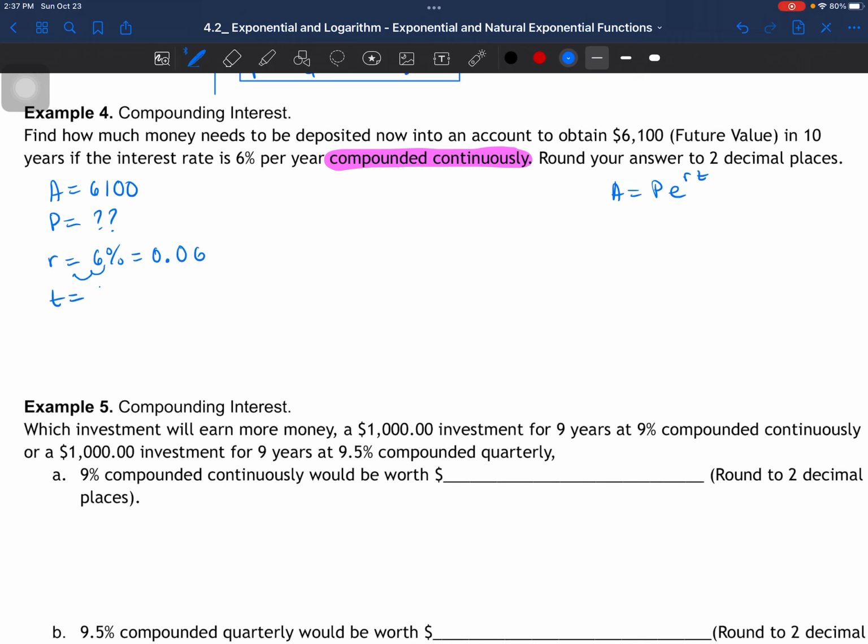Where the rate is 6%, but remember when we use this formula, we need to write this in terms of decimal. So it'll be 0.06. And then your T is the number of years. So T is number of years.